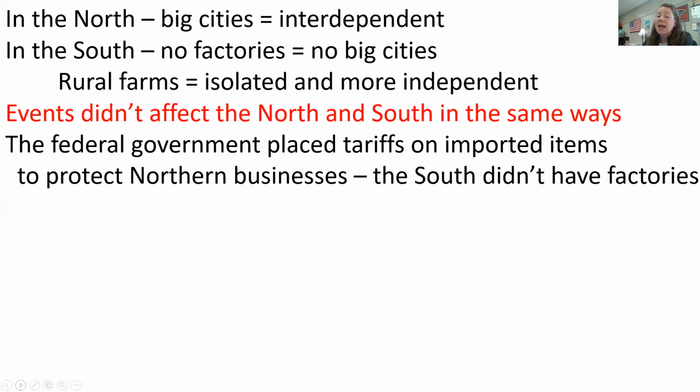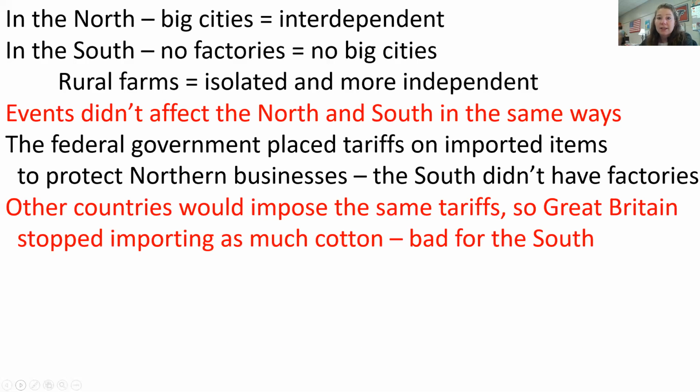So what would happen when our government placed tariffs on items that we imported? Well, other countries did the same thing. So, to retaliate, countries like Great Britain imposed the same tariffs, and they stopped importing as much cotton from the South as they had, because they had to pay more for the same amount of cotton.